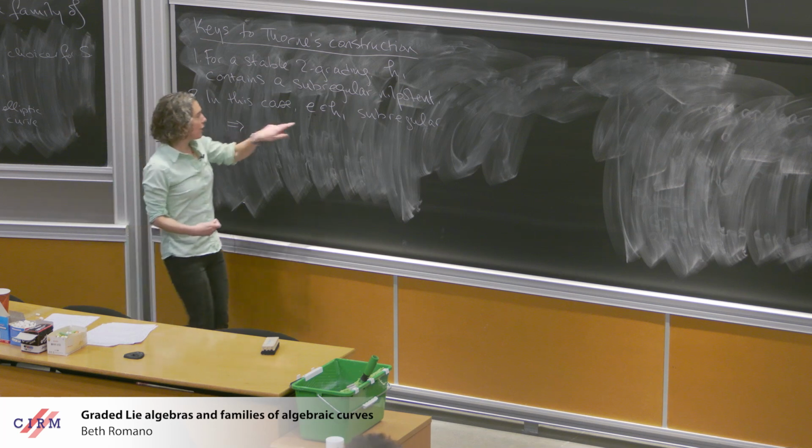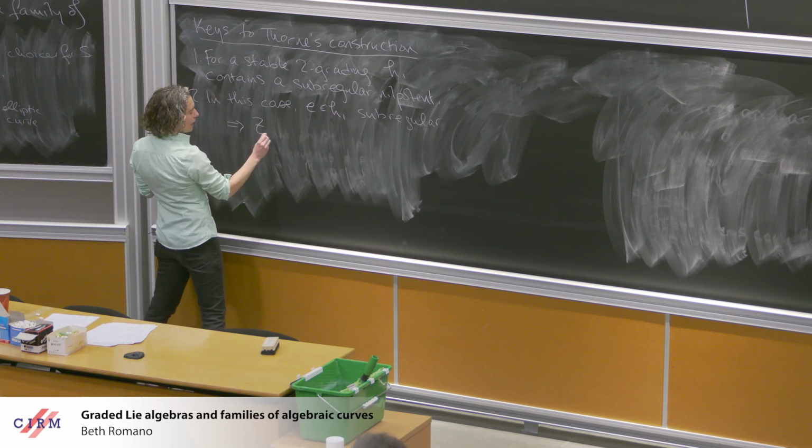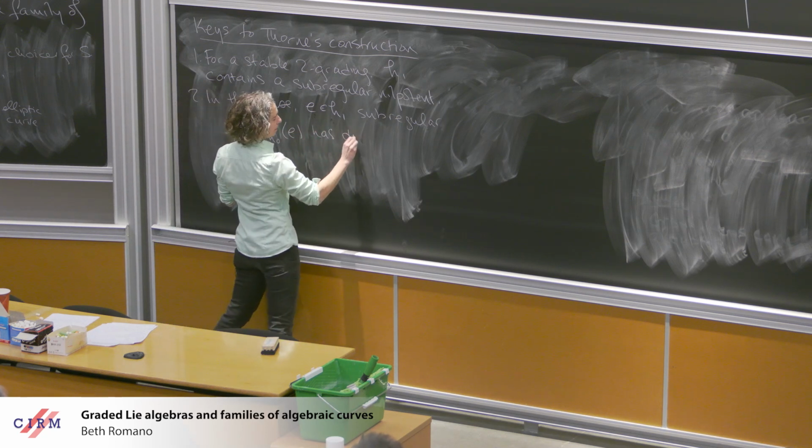So if E in H1 is subregular, this implies that the centralizer in H0 of E has dimension 1.